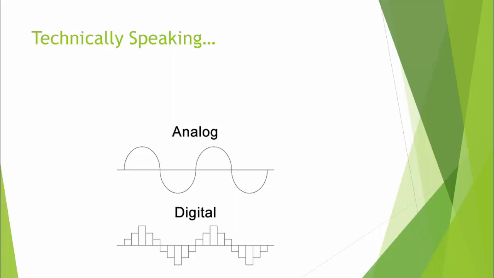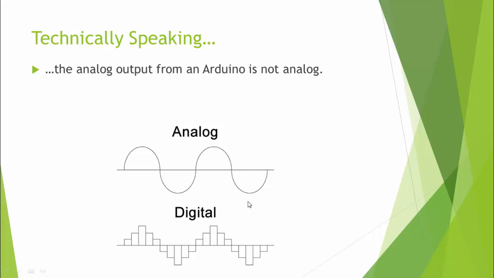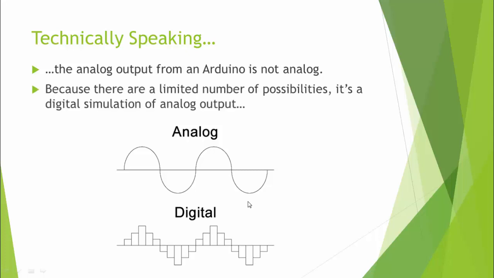Now, analog is shown in the cartoon on the top. Our simulation of that is roughly what's shown below. Obviously, we have a few more values available to us than that output shows, but we still have that same kind of limitation where there are certain values that are not permitted. So technically speaking, the Arduino output isn't analog.